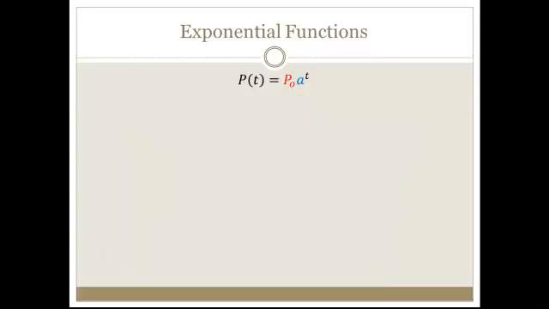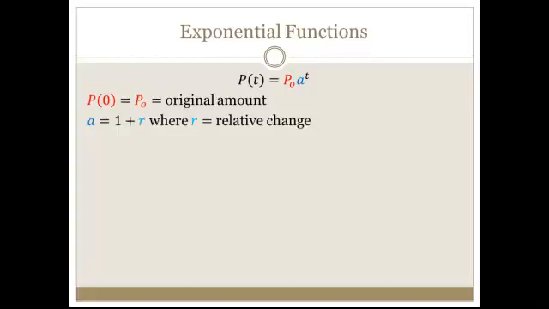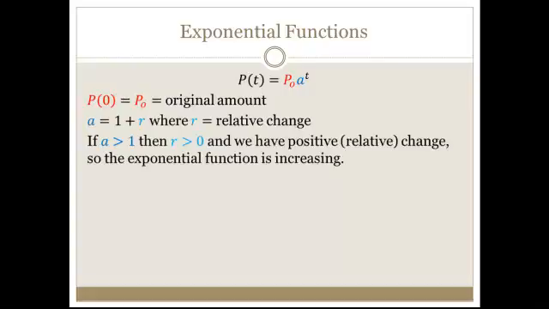So we found for the exponential function p of t equal to p naught times a to the t, that p naught is p of 0, or our original amount, and a is 1 plus r, where r is our relative change. Exponential functions come in 2 varieties. If a is greater than 1, then r must be greater than 0, and we have positive relative change, so the exponential function is increasing.